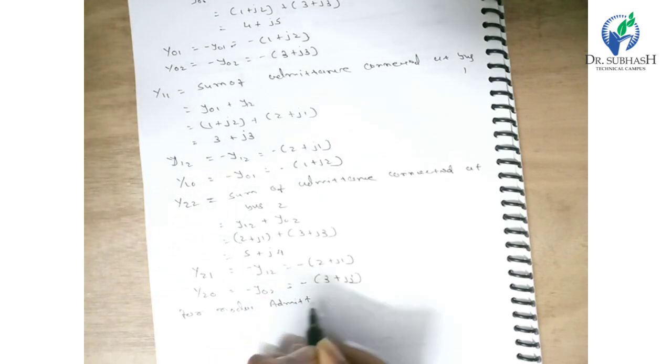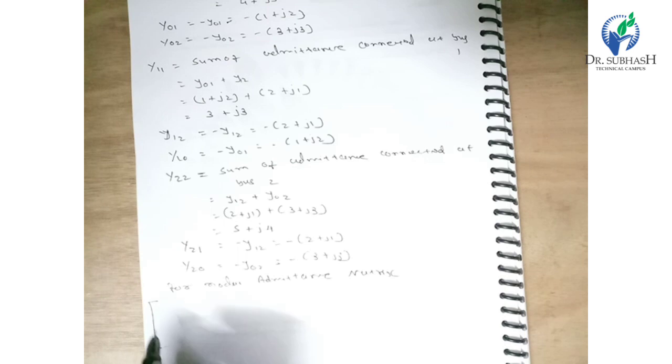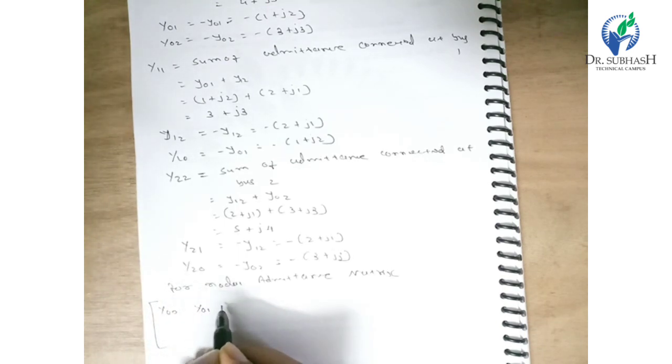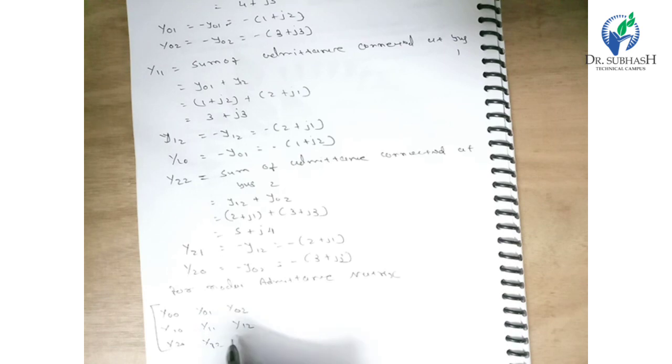For the nodal admittance matrix, the output is y00, y01, y02, y10, y11, y12, y20, y21 and y22.